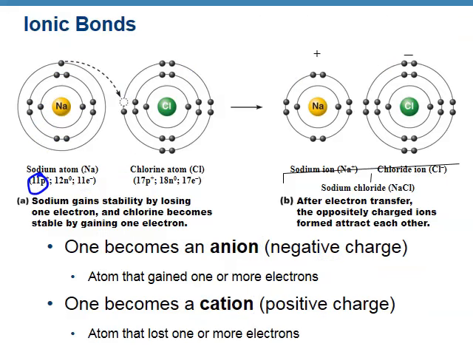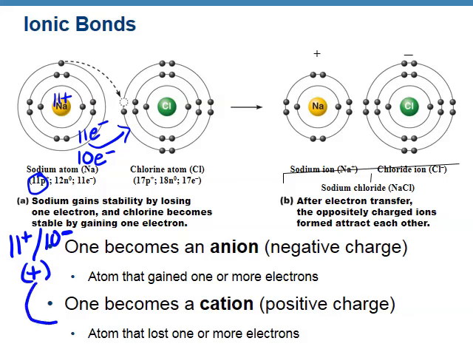If the sodium atom had 11 positive protons and 11 negative electrons, well, now it gave one of its electrons away, so now it only has 10 electrons, and those are negative. If I have 11 positive items and 10 negative items, I'm still slightly positive. If I'm slightly positive, I'm going to be a cation.